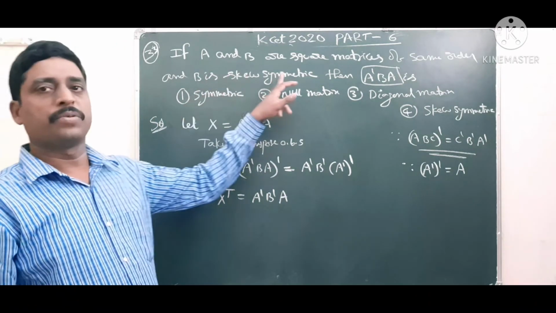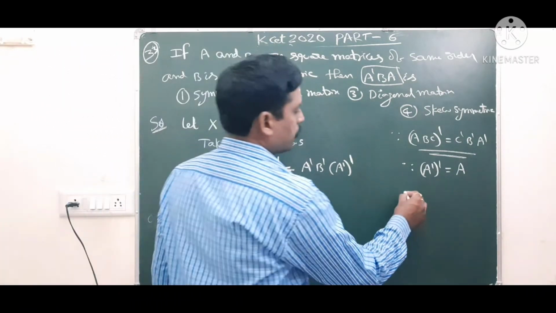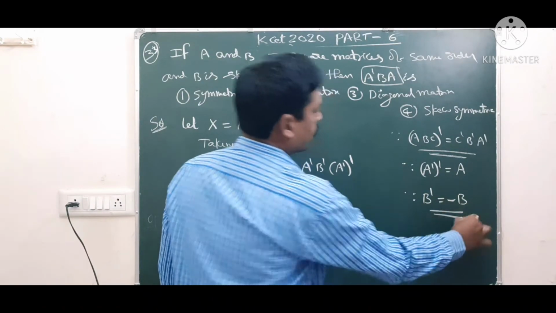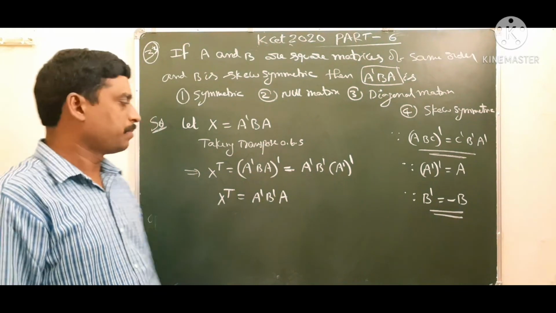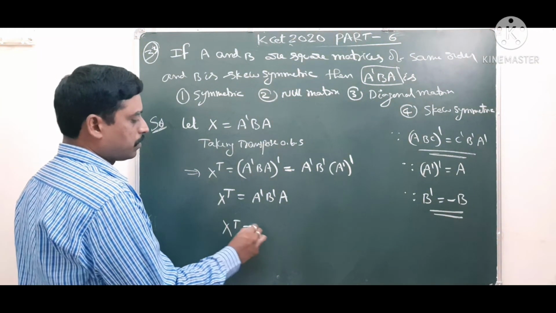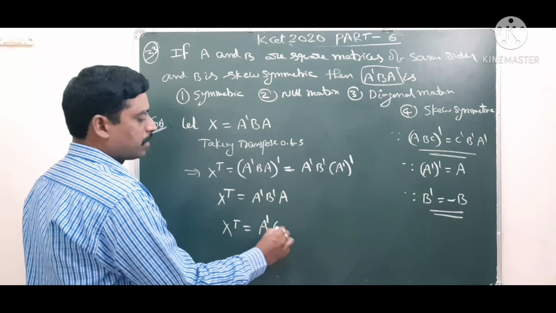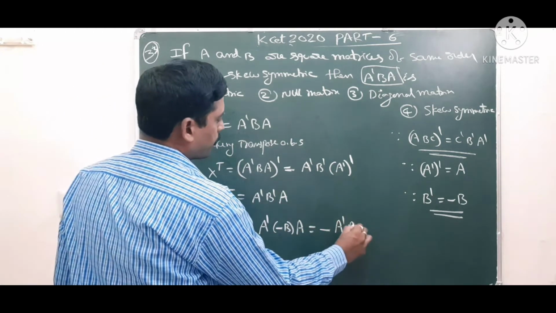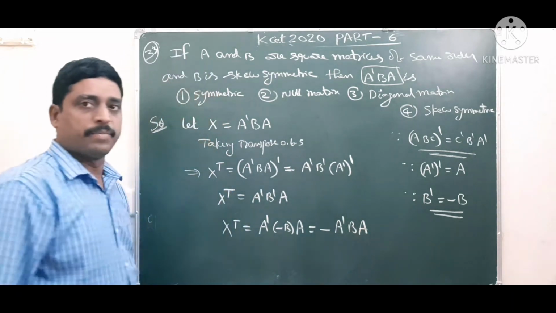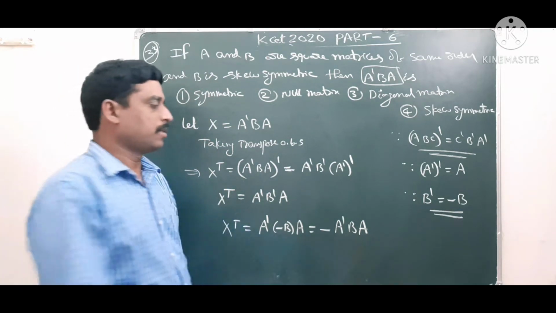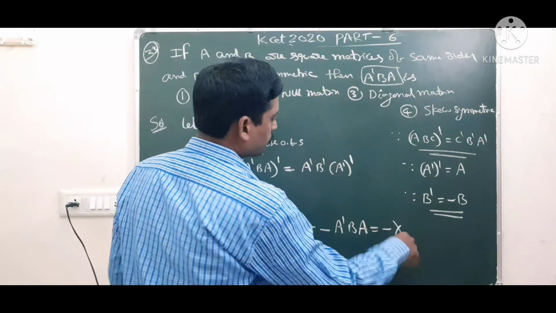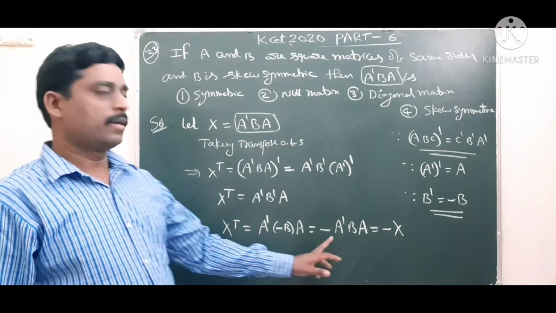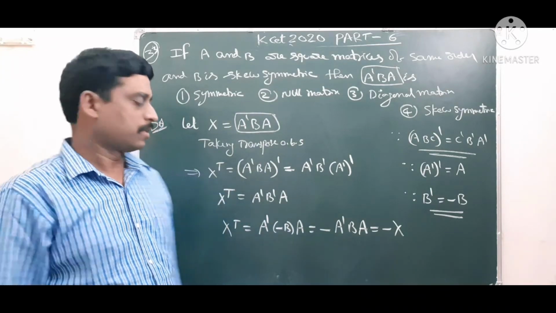But in the statement, B is the skew symmetric matrix is given. So B is a skew symmetric matrix, it means B transpose is equal to minus B. So x transpose is equal to A dash, B dash replaced by minus B, into A. This is nothing but minus A dash BA, which is minus x, since A dash BA is x.